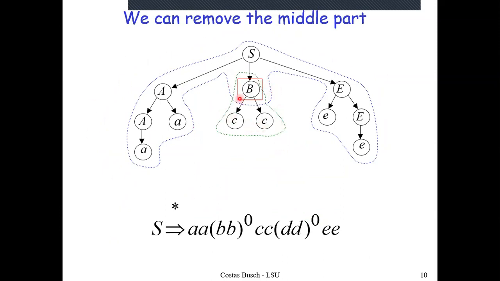So it's a legitimate derivation or parse tree. And the yield of this tree is a square c square e square, and this is supposed to be a valid string.